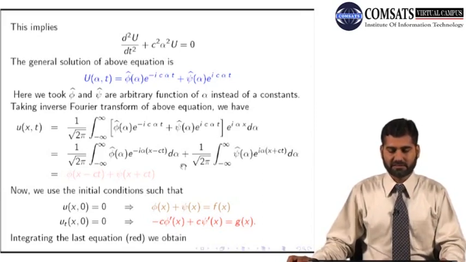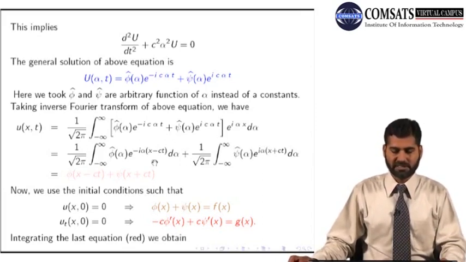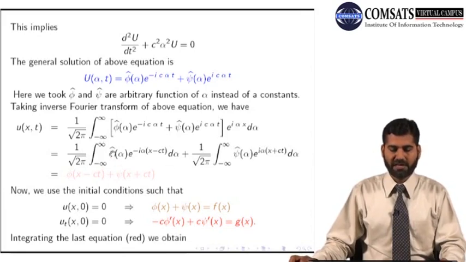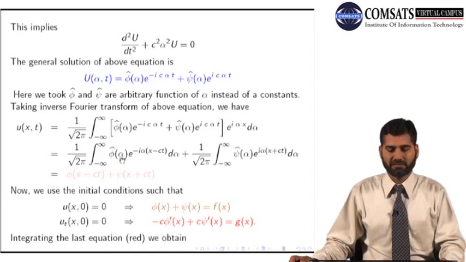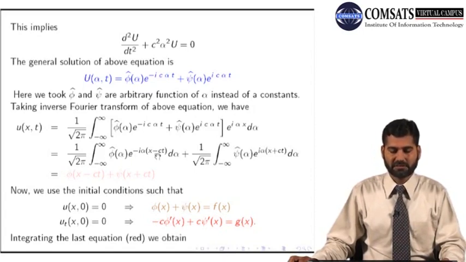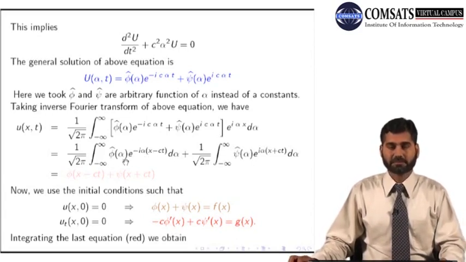So what is this? This is the Fourier transform of phi hat, a function of x minus ct. The reason is, you see, this alpha and this alpha is common.